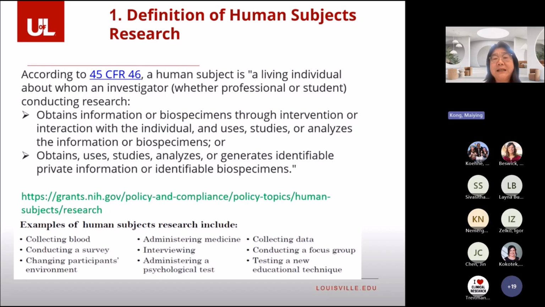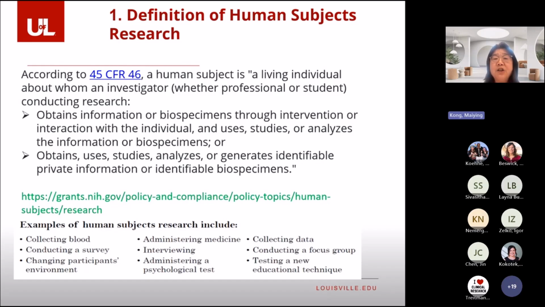A human subject is a living individual about whom an investigator, whether professional or student, conducting research, obtains information or biospecimens through intervention or interaction with the individual, and uses, studies, or analyzes the information or biospecimens, or obtains, uses, studies, analyzes, or generates identifiable private information or identifiable biospecimens.